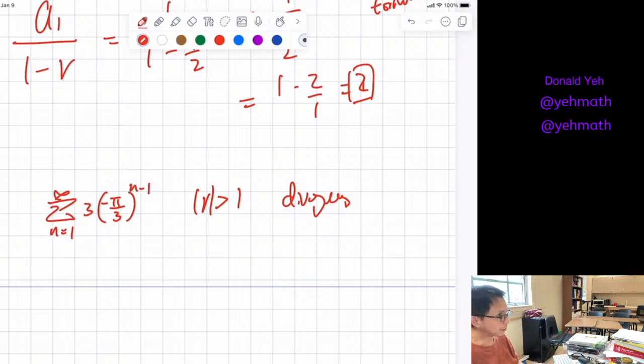The previous case converges because 1/2 means r is less than 1. But with 1, 1/2, 1/3, 1/4, it's not multiplied by the same number each time. 1 to 1/2, 1/2 to 1/3, and 1/3 to 1/4 are not multiplied by the same number. So there's no r. It's not a geometric series.